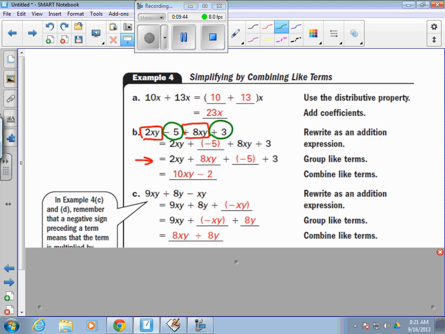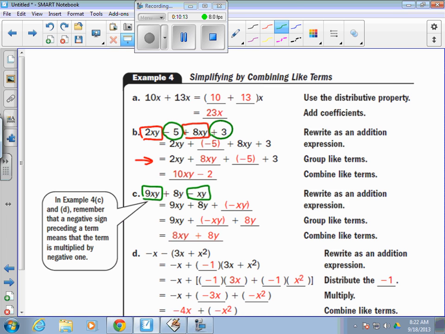So 9xy minus, these have the exact same variables raised to the exact same exponents. So 9xy minus 1xy gives you 8xy. And when we combine the terms, 8xy plus 8y. Notice you can't put those two together because it's multiplying by y right there. We can't put 8 and 8 together. One's multiplying by x and y, the other one just by y.